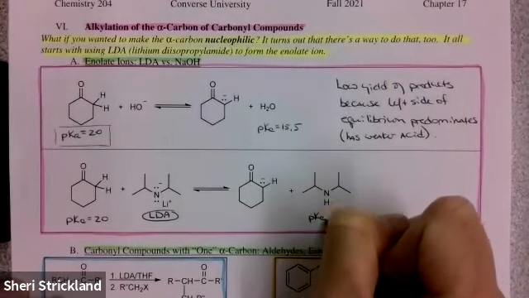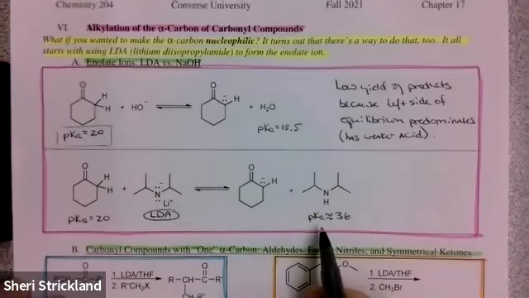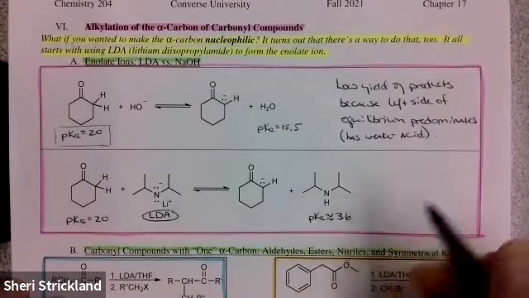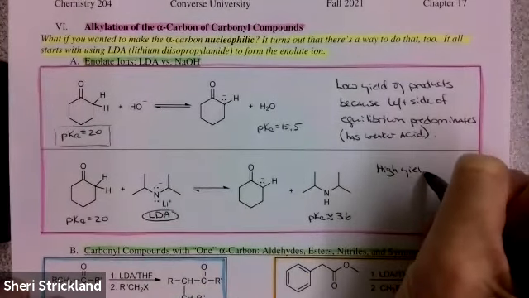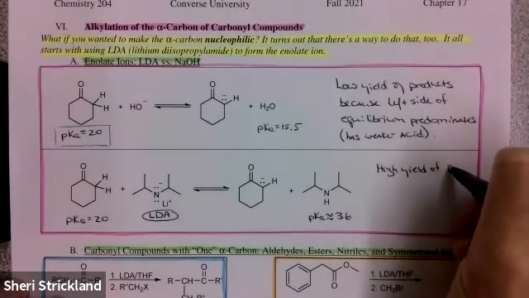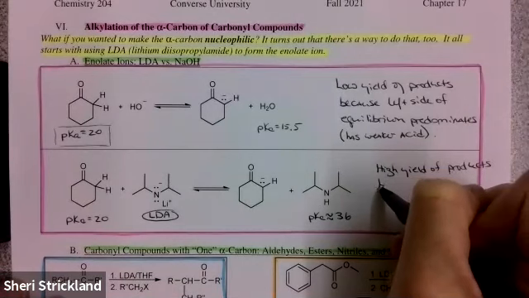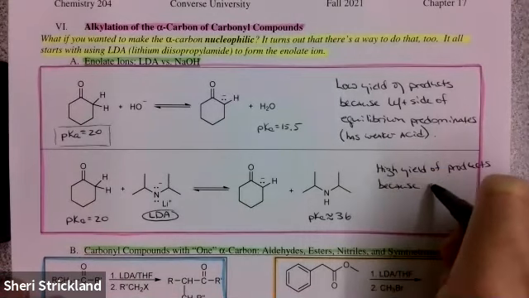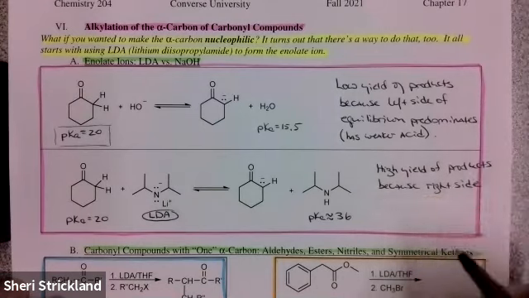It has a pKa of about 36. So it's a much weaker acid than that. So we'd have a high yield of products because the right side of the equilibrium predominates.